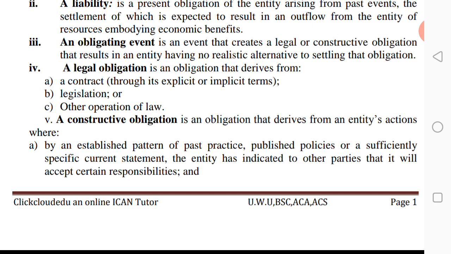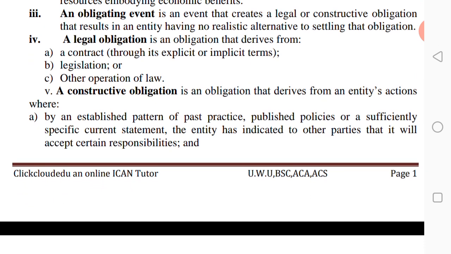As a company in a particular country, you are obliged to follow the rules and regulations. If not, you pay fines. That's why there'll be penalty for that. Third, other operation of law. For example, NAFDAC. If you're into food and eatable items, NAFDAC has laws, so your product must be registered. Those are other laws.